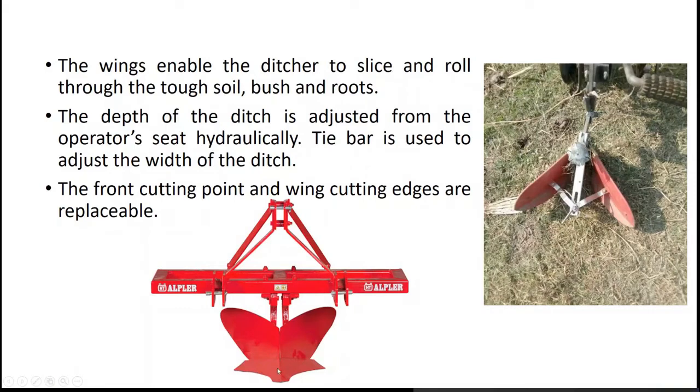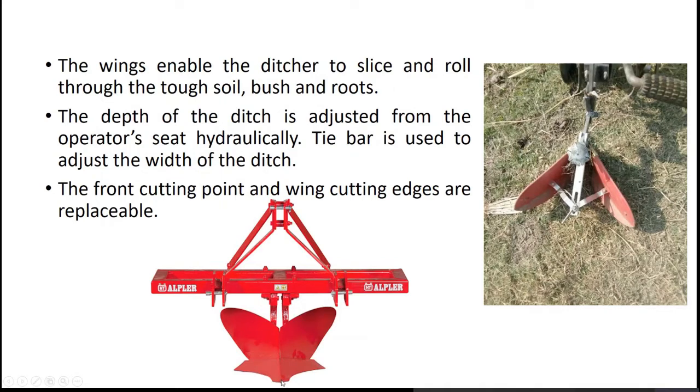Again, this is one example of a ditch plow. This portion is your cutting blade, this portion is your cutting point. So this will attack the soil not horizontally, it will make a small angle.